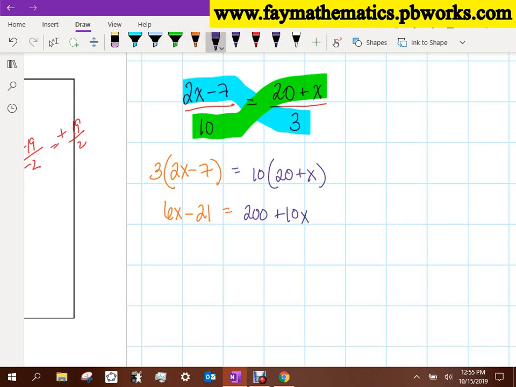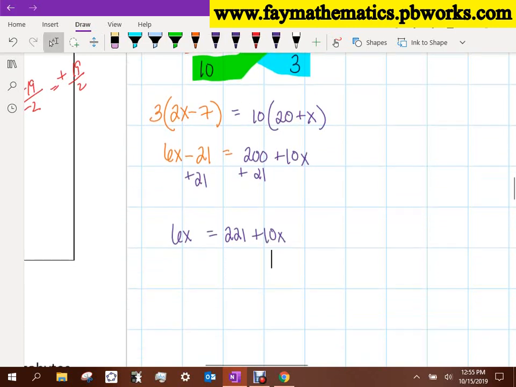Good. So I get 6x equals 221 plus 10x, right? Okay. So now what would be the best thing to do? Subtract 10x. Yep.